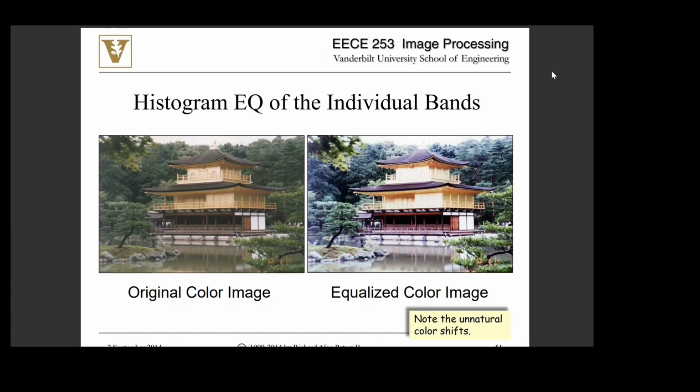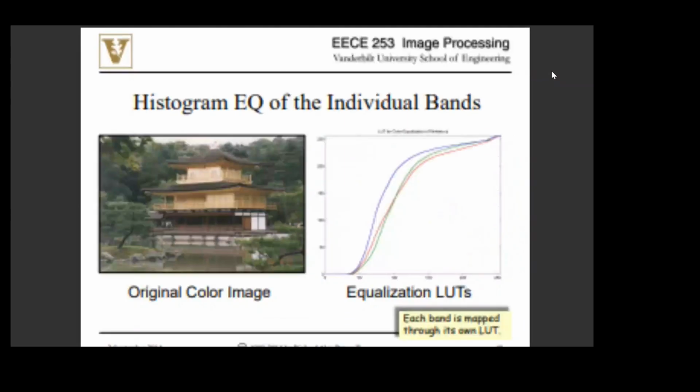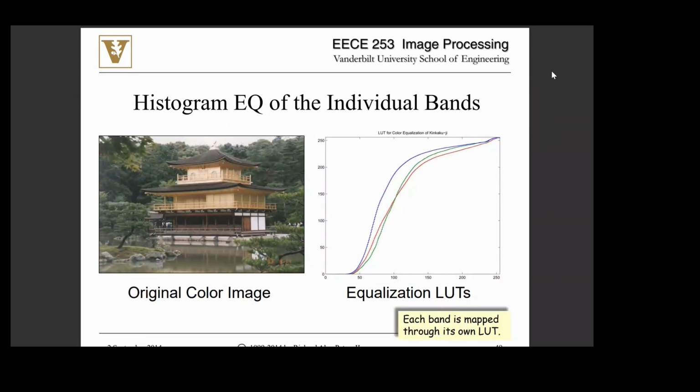So this is applying the CDF of each one of the bands independently, and it is somehow changing the colors. You see, it has more contrast. All of them have more contrast, but this one is changing the colors independently. So each color is transformed according to this function.